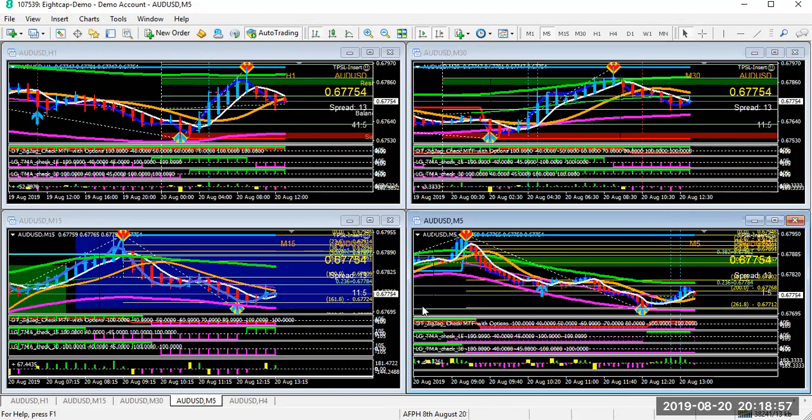So once again, when you have this multi-chart screen, you can see how orange is above the pink center line.